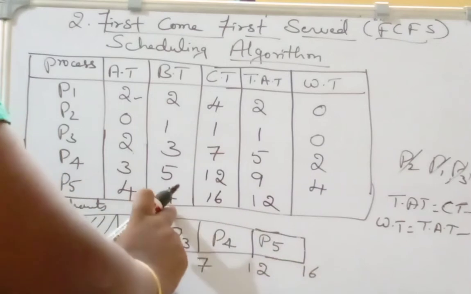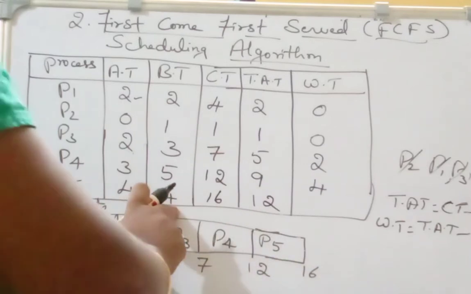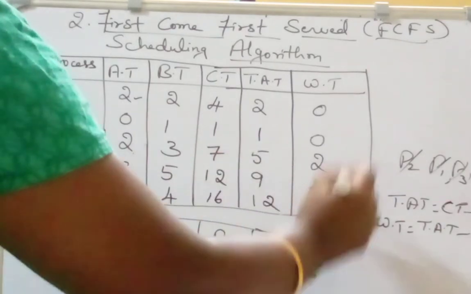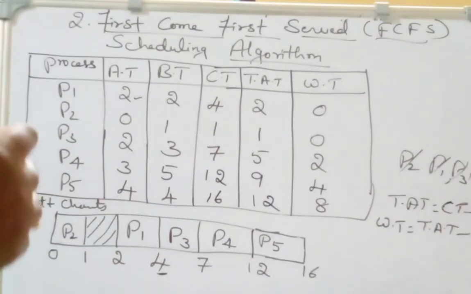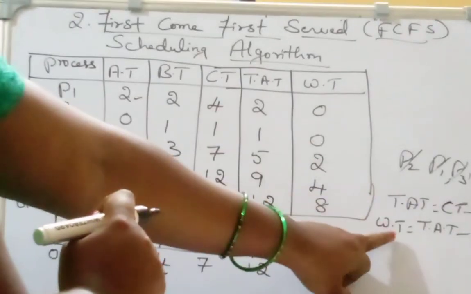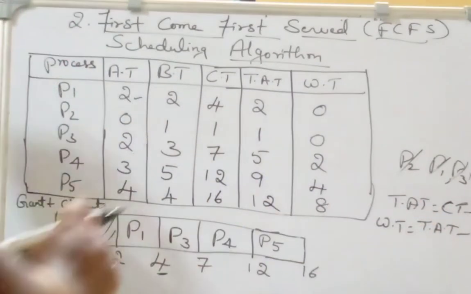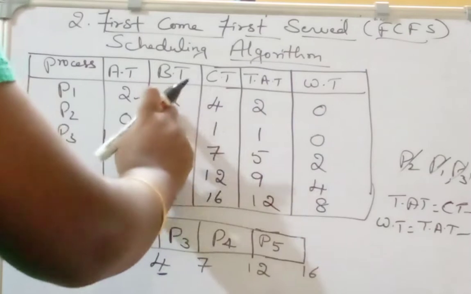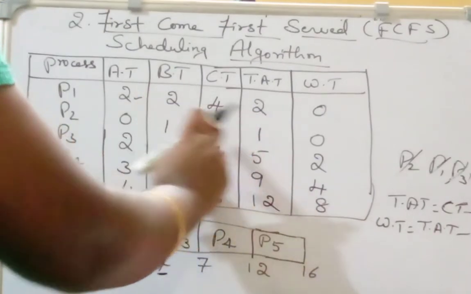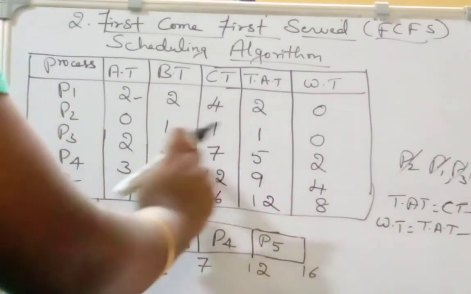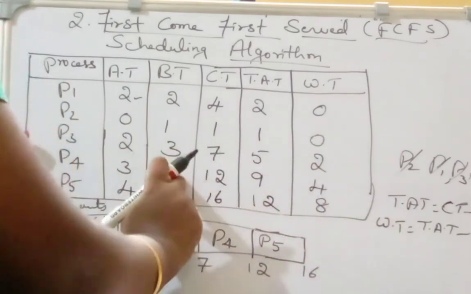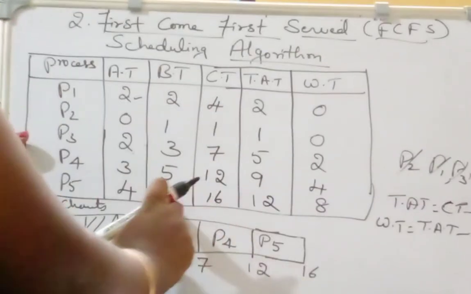Then for P5, 12 minus 4, it is 8. So this is the waiting time. How do we calculate the waiting time of each process? Turnaround time minus burst time. For P1, 2 minus 2, 0. For P2, 1 minus 1, 0. For P3, 5 minus 3, 2. For P4, 9 minus 5, 4. For P5, 16 minus 4, 8.